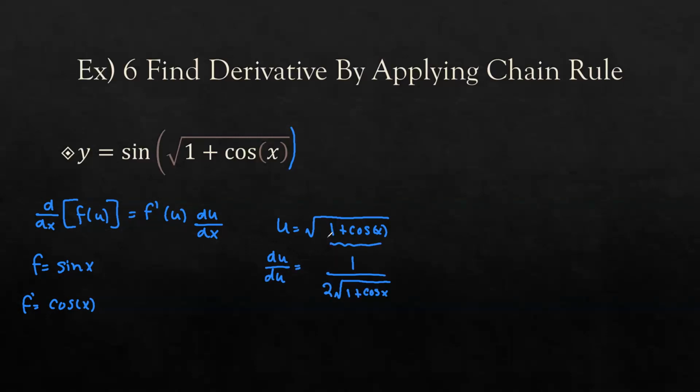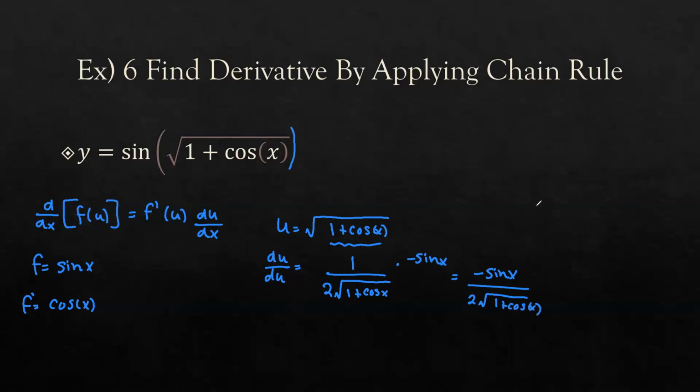And then you apply the chain rule. You take the derivative of 1 plus cosine x, which is the derivative of 1 is 0, and the derivative of cosine x is negative sine x. Okay, so du dx is actually negative sine x over 2 square root of 1 plus cosine x.